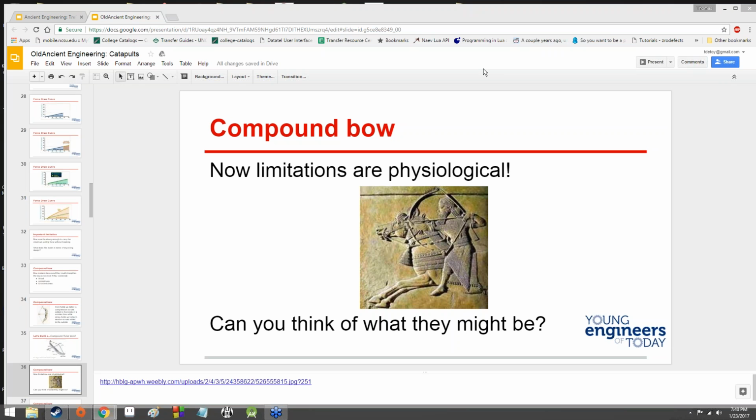People being bad at aiming. That's a good one. I mean, yeah, definitely. But people did train all their lives to be able to aim. Yeah, there you go. That and another thing.